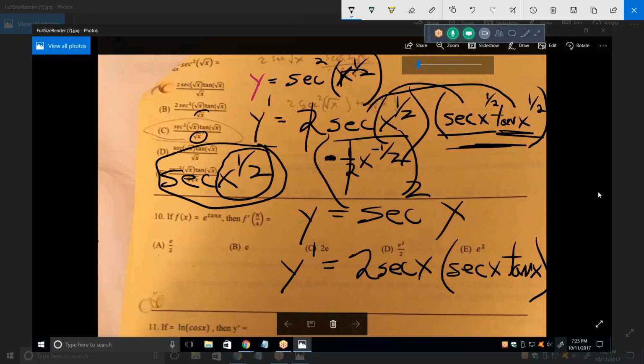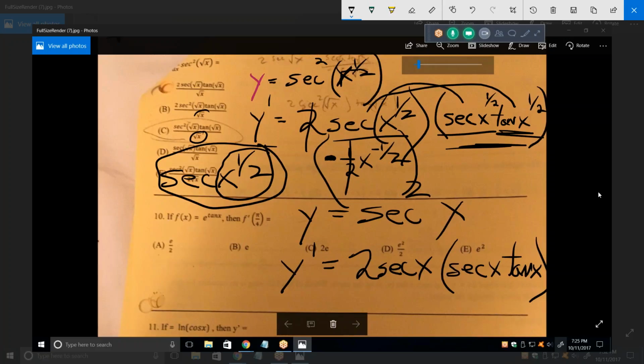I don't know why he's doing this to you. It's not to prepare you for the AP exam. There are a lot of better problems to look at. There's a lot of word problems on the AP exam, optimization problems, related rate problems. You haven't gotten to optimization yet, have you?